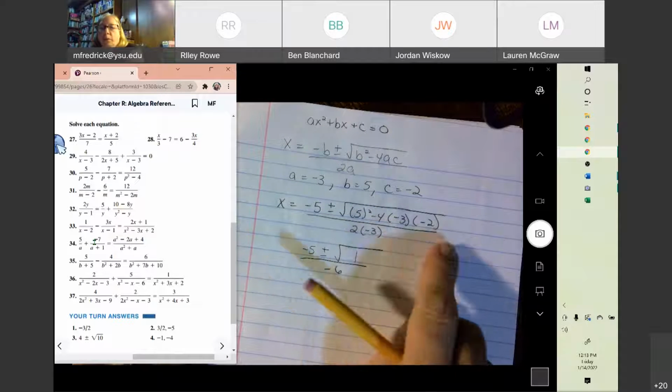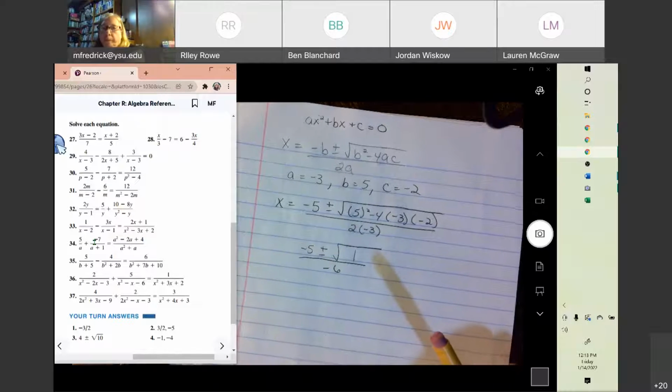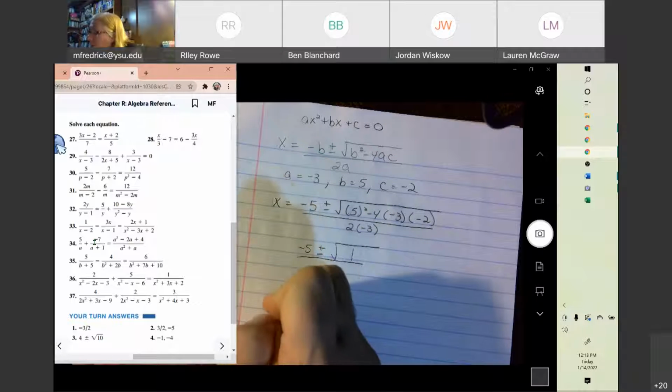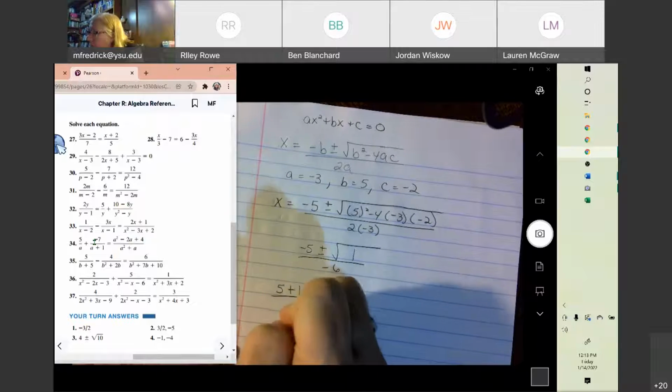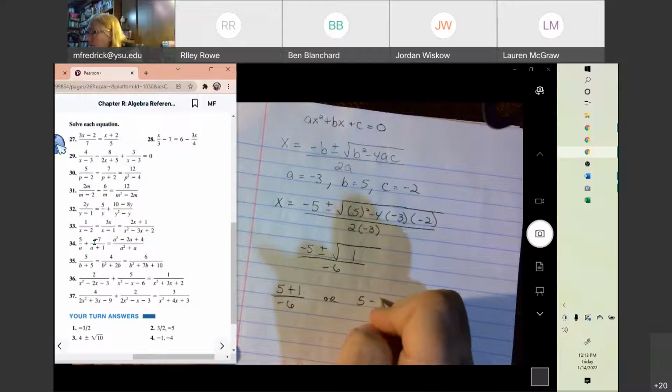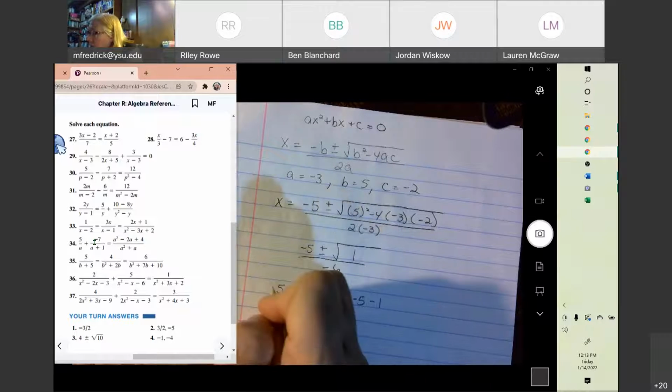So if you combine under the square root, you should get 1. Square root of 1 is 1. So it's -5 plus 1 over -6, and -5 minus 1 over -6.